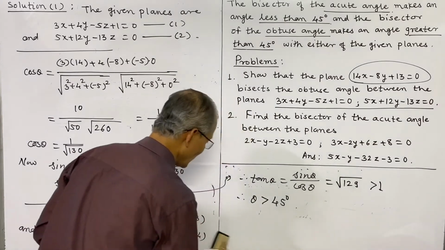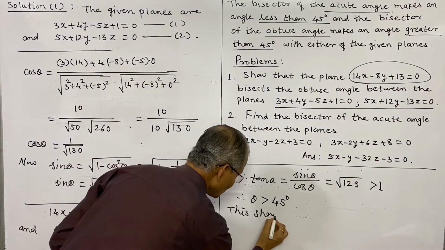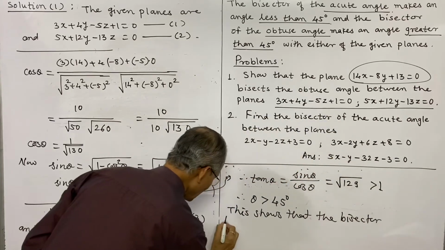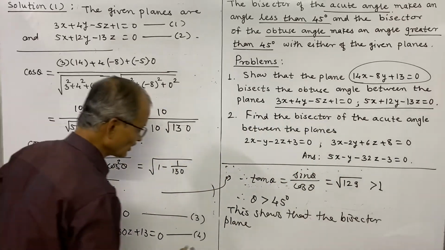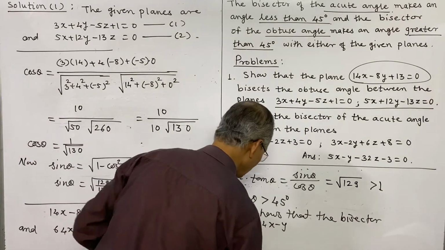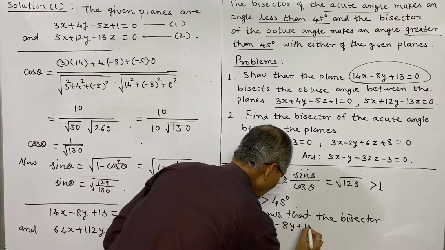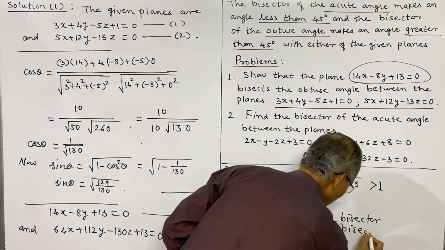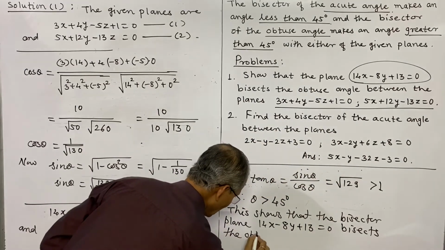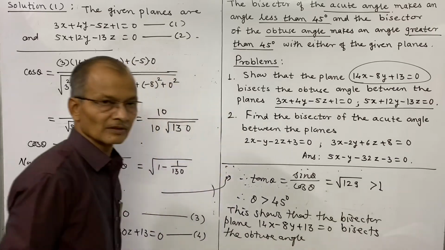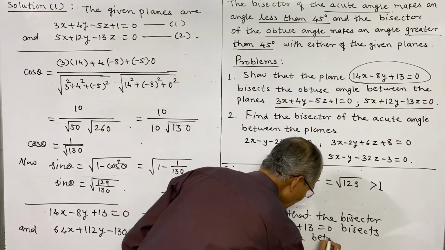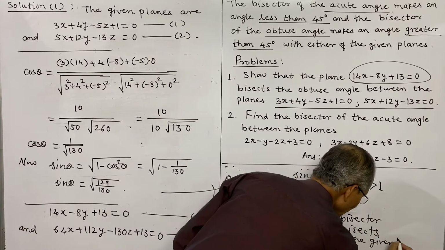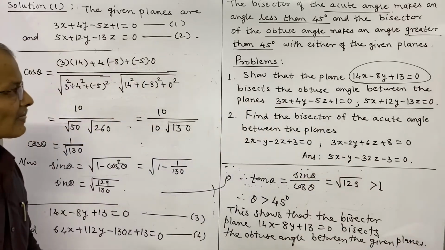So this shows that the plane 3, the bisector plane 3, meaning this one, 14x minus 8y plus 13, bisects the obtuse angle between the planes. And this completes the solution.